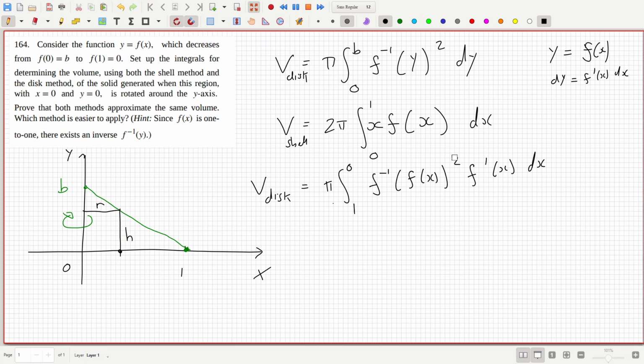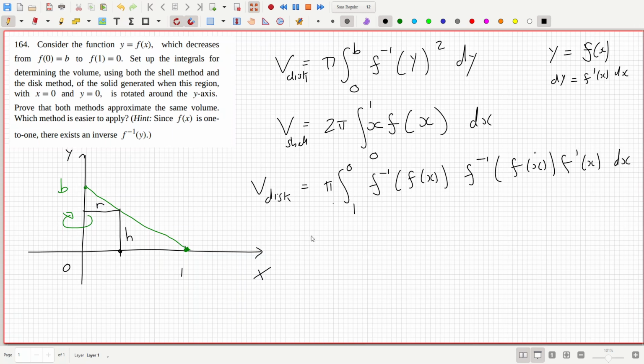So it might be good to split that square. So f inverse y, f inverse y, f derivative x dx.